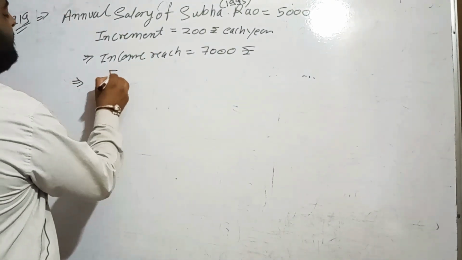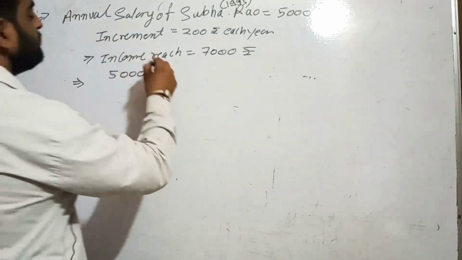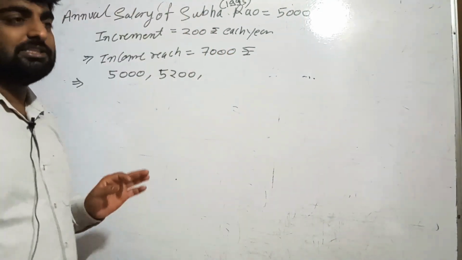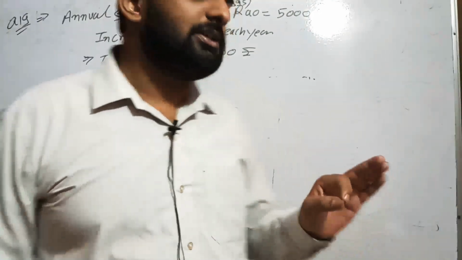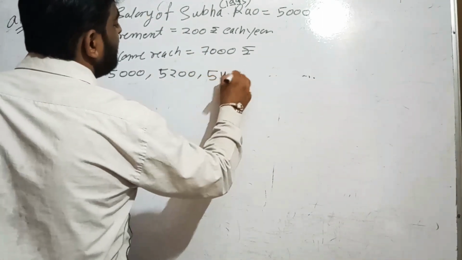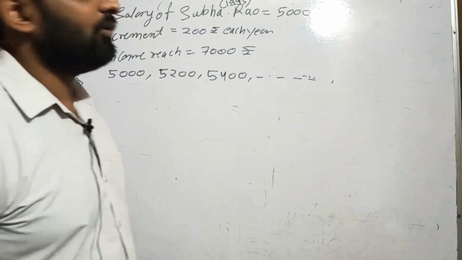First we have to form the AP. How to form the AP? In the first year Subba Rao's salary is 5,000 rupees. In the second year he received an increment of 200 rupees, so 5,200 rupees. In the third year the salary is 5,400.